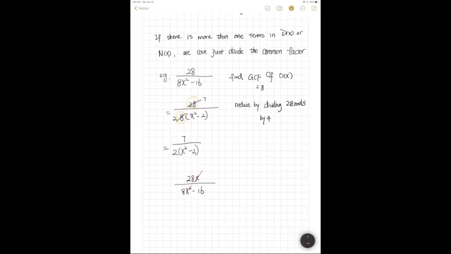No, you can't do that. If you want to reduce one x, every term needs to have x, which means you need to have an x for the 16. Otherwise, you can't just reduce the x for these two terms, because in this rational expression, you totally have 3 terms, right? 1, 2, 3. You can just reduce the x in 2 terms.